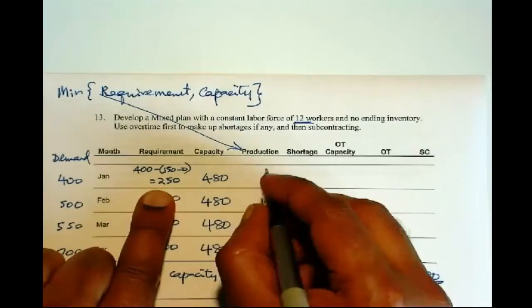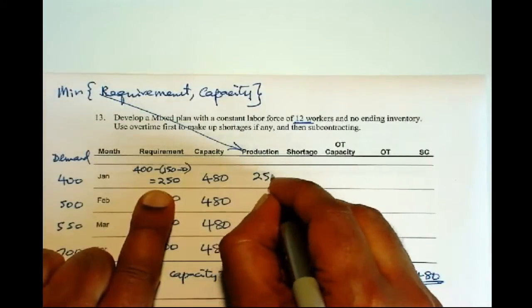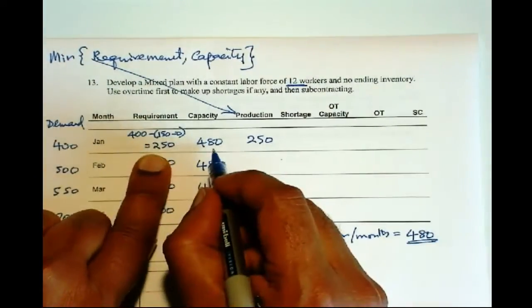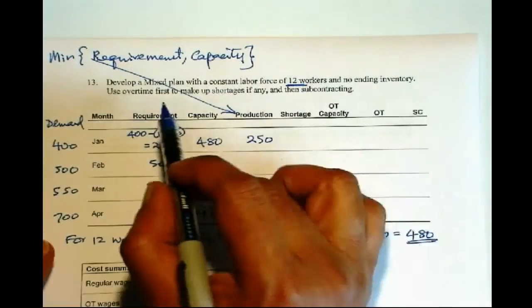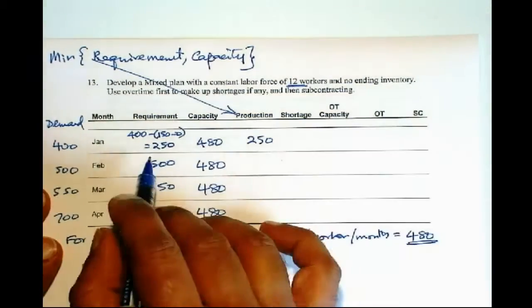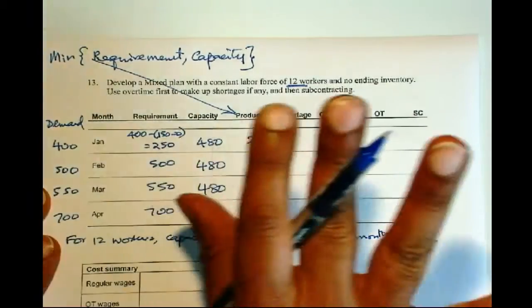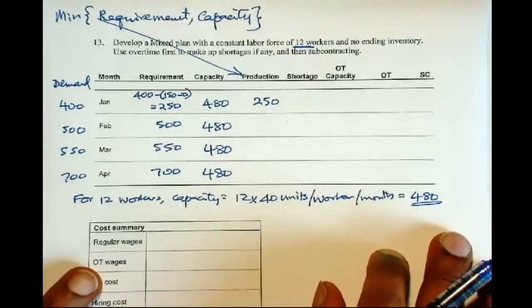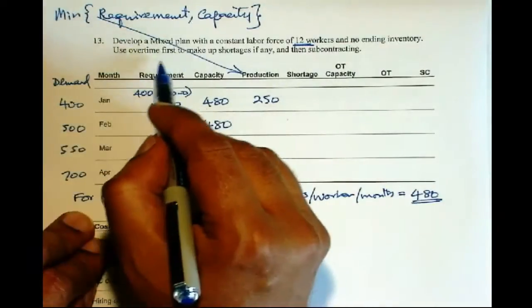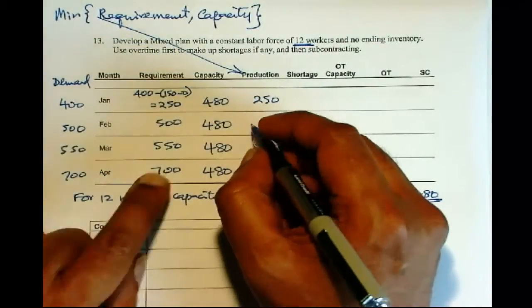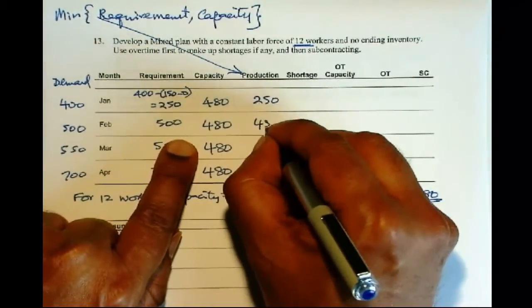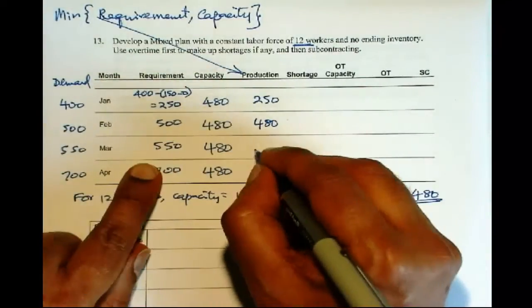So you need only 250, even though you have a production capacity of 480. Remember, we're not going to have any inventory, so we produce only what is needed. Just because you have excess capacity, we're not going to produce and keep stuff in inventories, because that's the way we have defined that mixed plan. So here we can only produce 480, so the minimum is 480, 480.